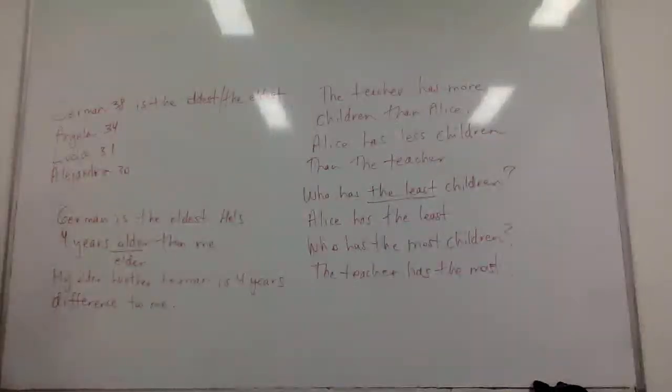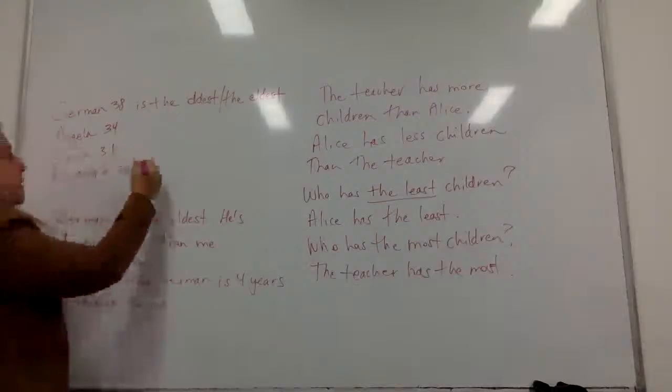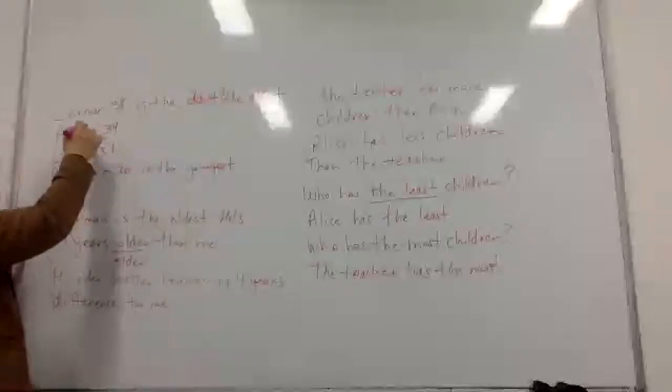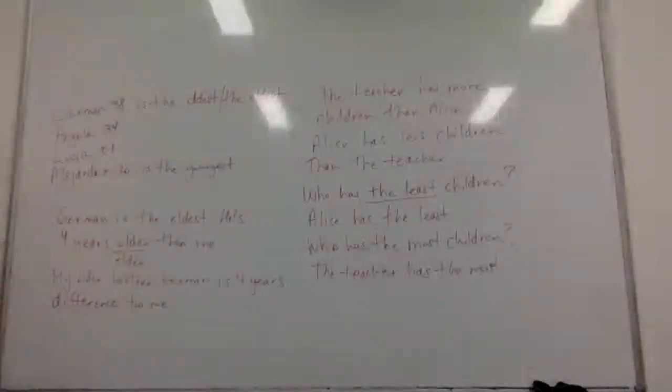Now here, Angela. Who is Angela? What would you say? So here, of course, Alejandra is going to be the youngest. But what happens here with Angela and Lucia? What are they? Don't say more old. So Angela is older than Lucia.